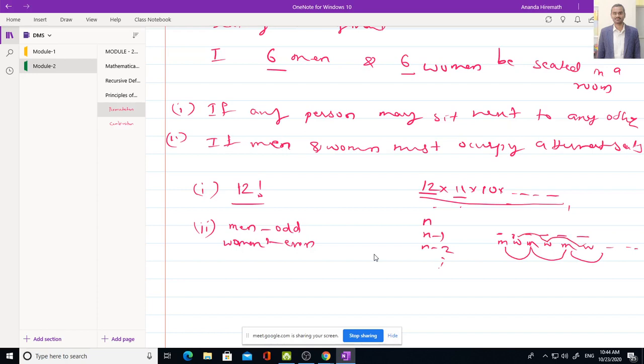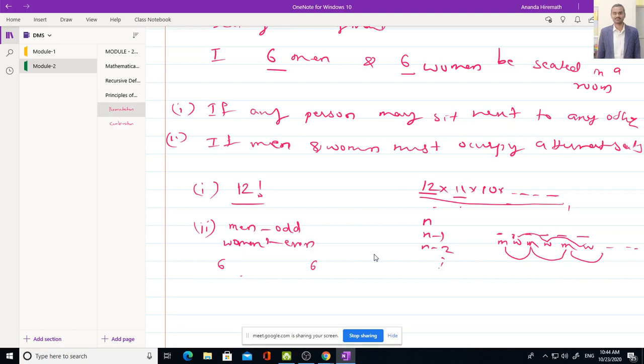Now let us only concentrate on odd places first. How many ways are there to arrange men at odd places? There are 6 men and 6 positions.